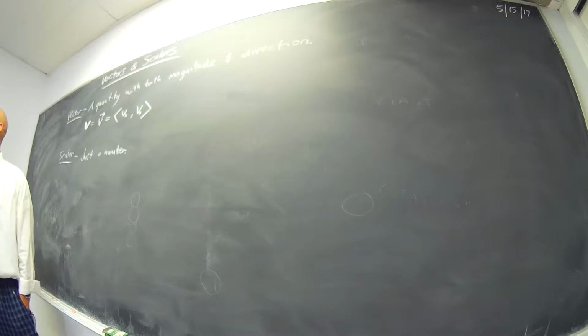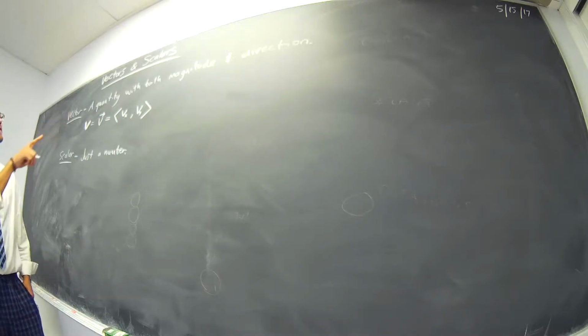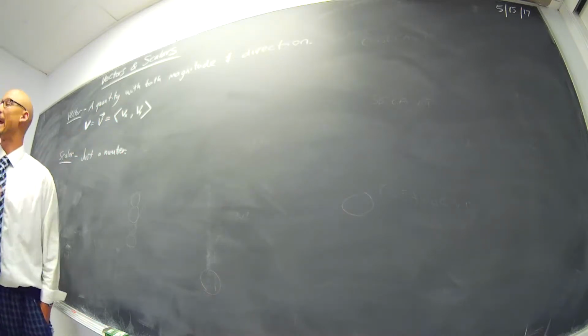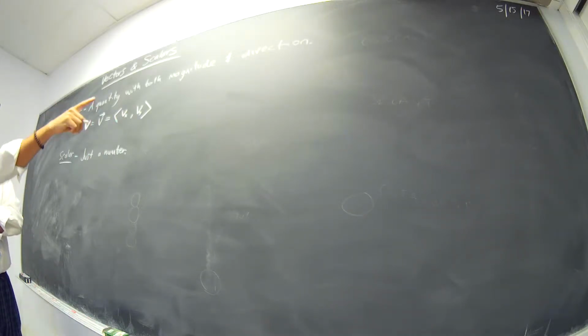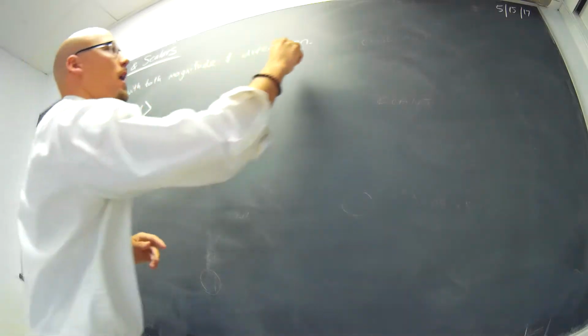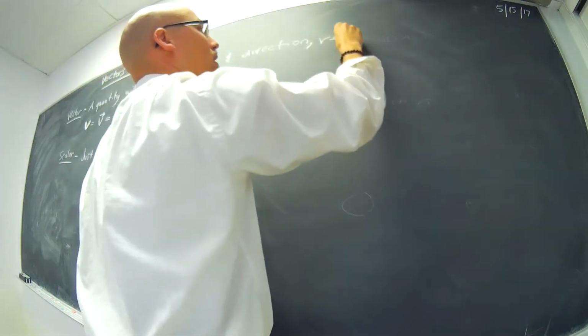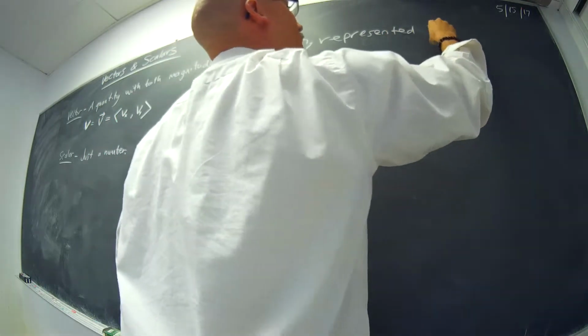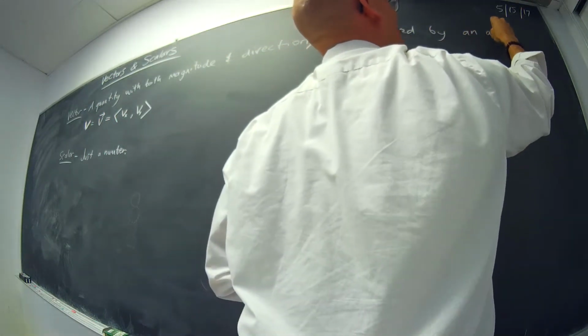It's just a number. So how about we'll say a vector, magnitude and direction. We'll say it's an arrow. A vector is an arrow. There's a length to the arrow and it's pointing in a certain direction. So a quantity with both magnitude and direction represented by an arrow.